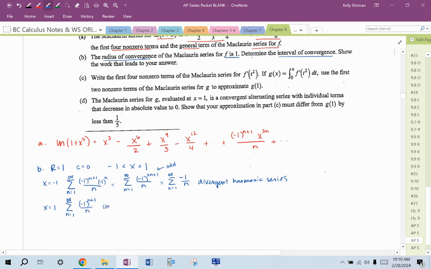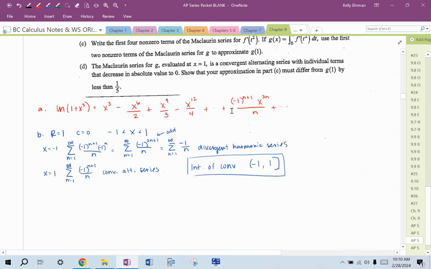Now this converges because it's an alternating series, convergent alternating series. So the interval of convergence is not including negative 1, including 1. You can also use inequality notation on that. That's fine.